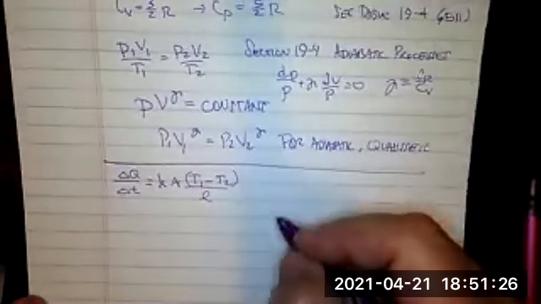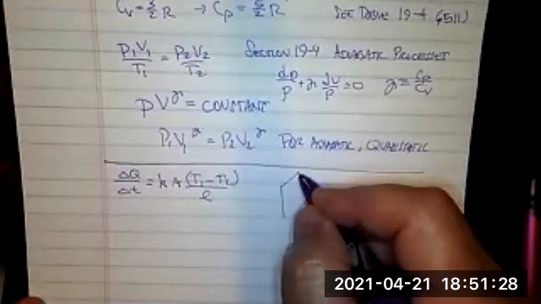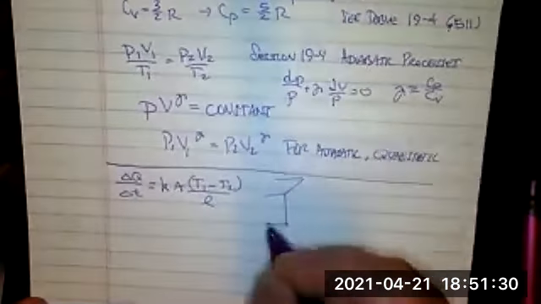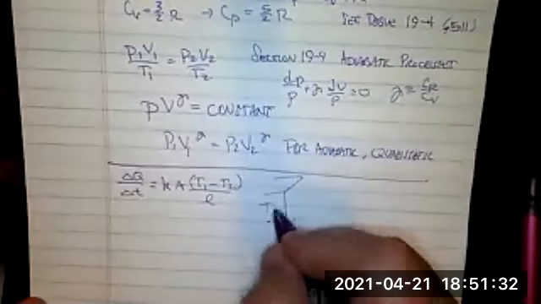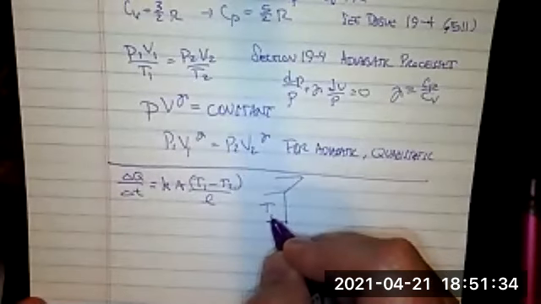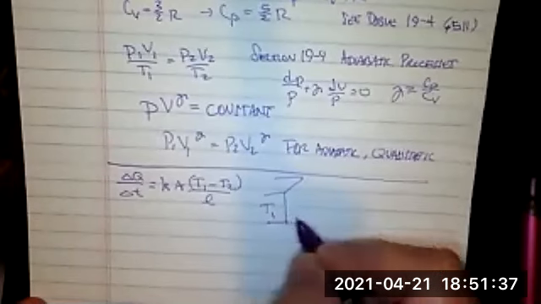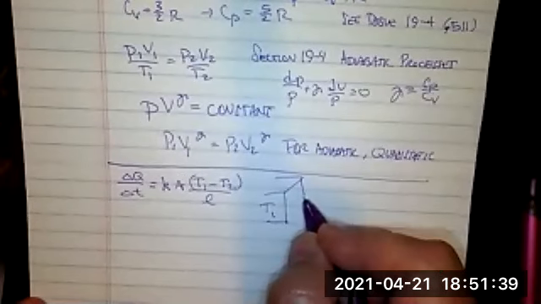What I'm picturing here is a heat reservoir, if you will. By that, I mean an infinite source of heat that no matter how much heat I take away from it, it's still going to maintain that same temperature, T1.